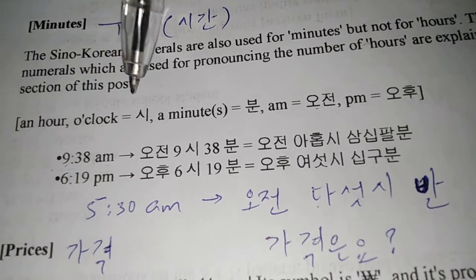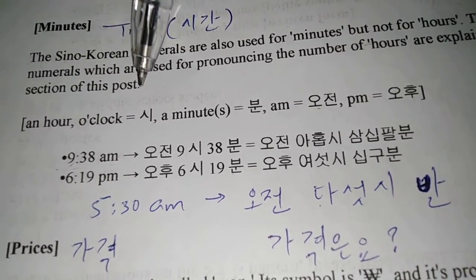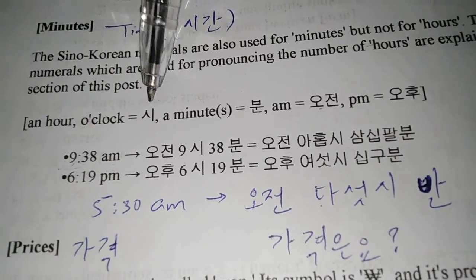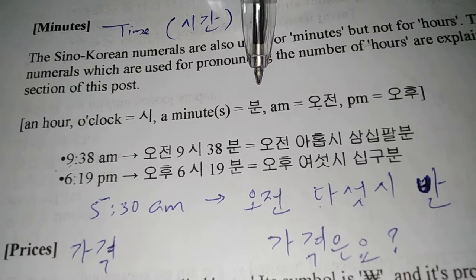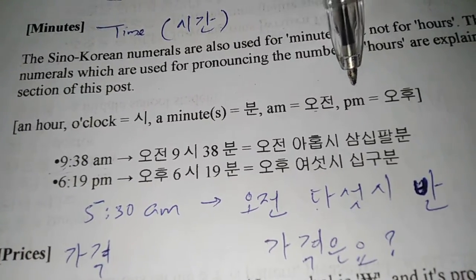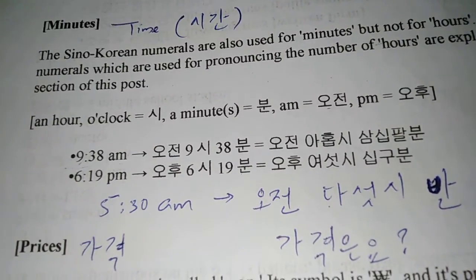So for the hour, you would say si. As we saw earlier, we have a suffix here too, and for hour that is si, and for minute it's bun. And AM is ojeon, PM is ohu. So we'll look into the examples given here.